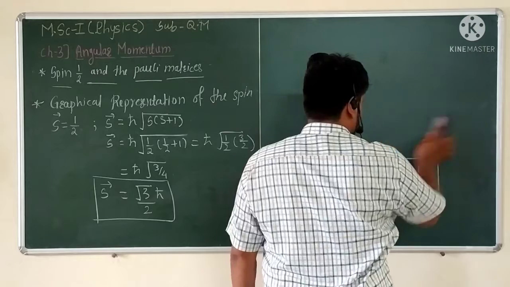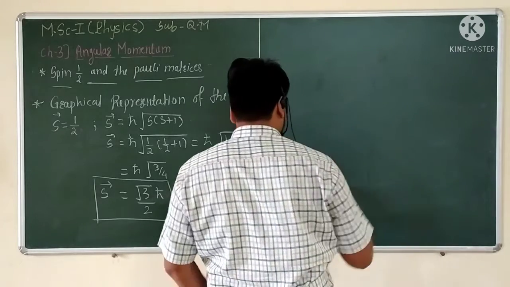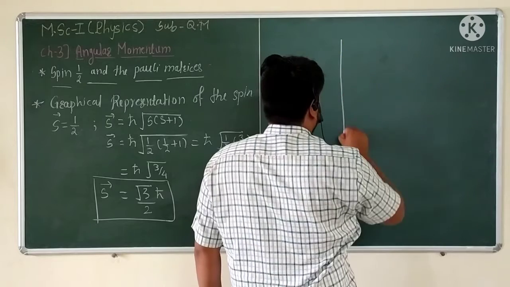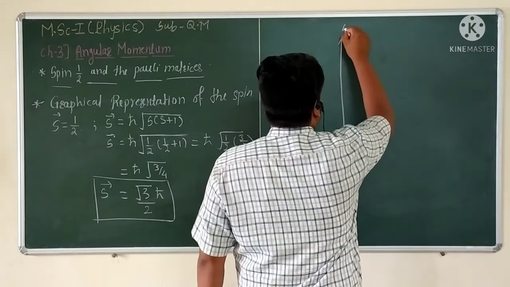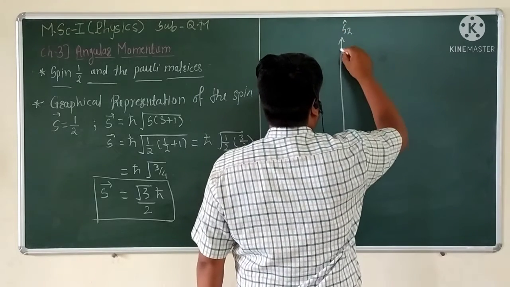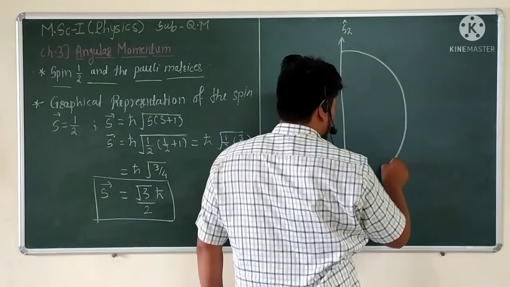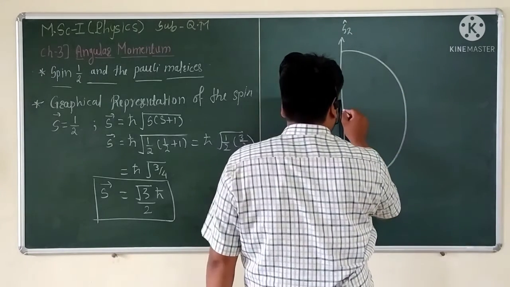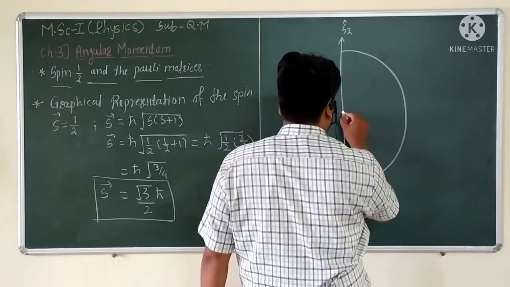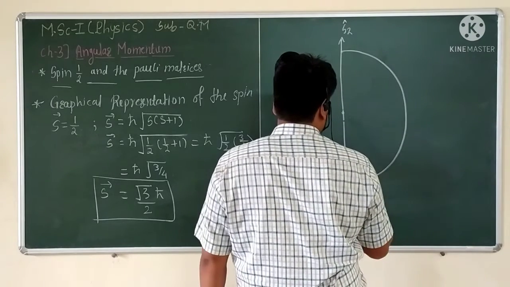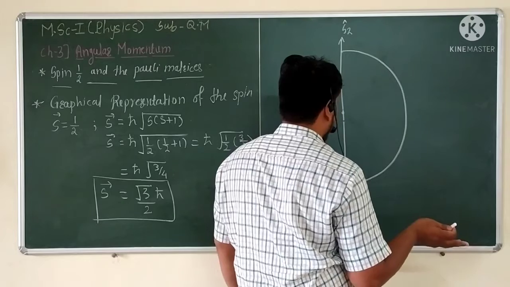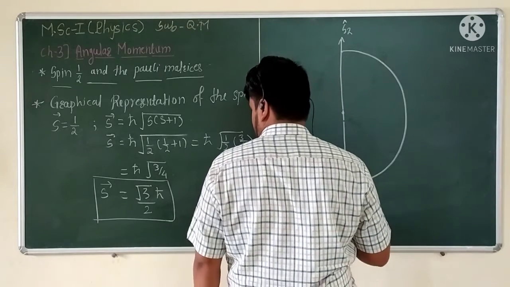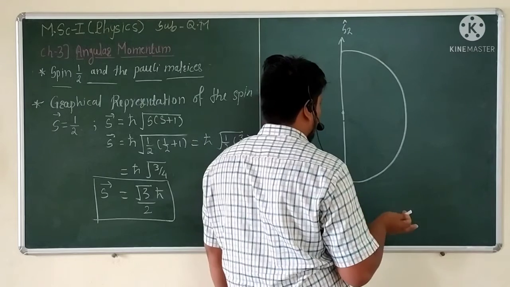How to draw it: the Sz cap operator is the vertical axis. The spin values are plus half and minus half, and due to this operator, the value of Sz is plus or minus h cross by 2.